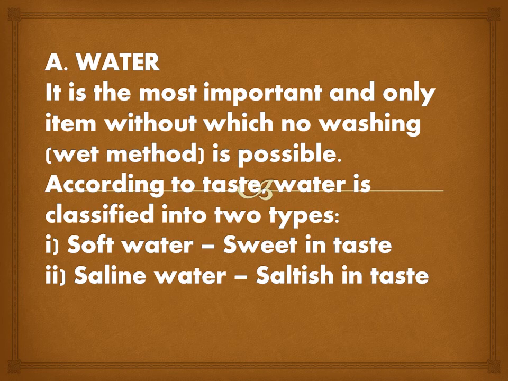Children, you know in wet method we use water. Okay? According to taste, water is classified into two types, soft water and saline water. Soft water is sweet in taste and saline water is saltish in taste.